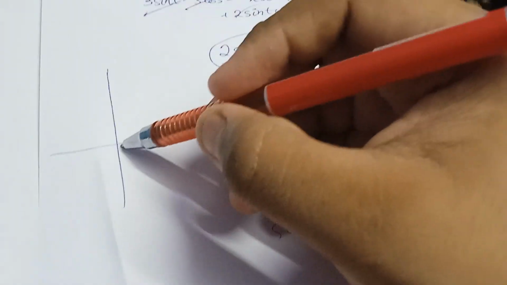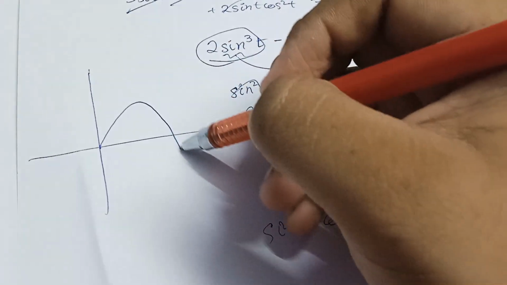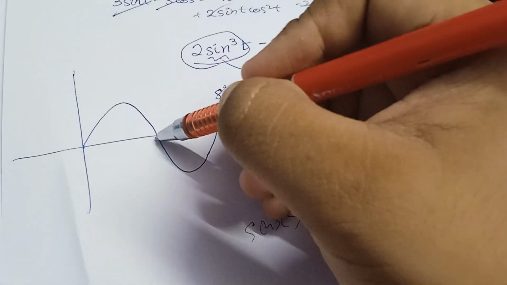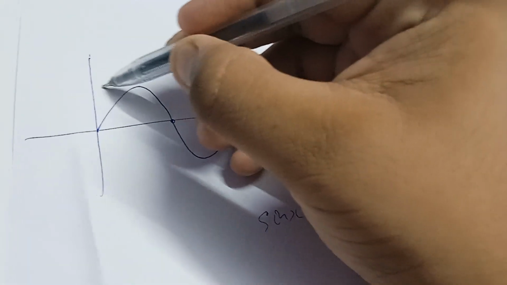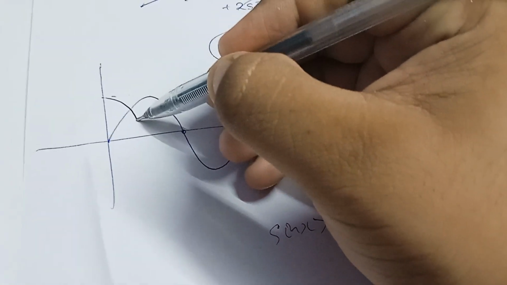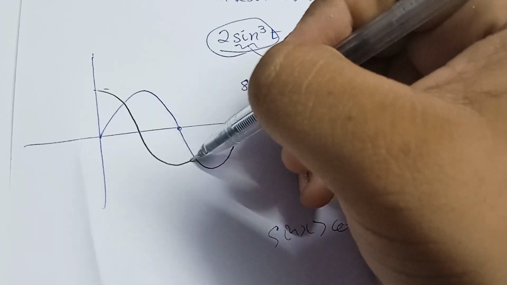To do this, plotting both the curves, this is sin x, this is 2 pi, this is pi, this is 0, and on the same level cos x.